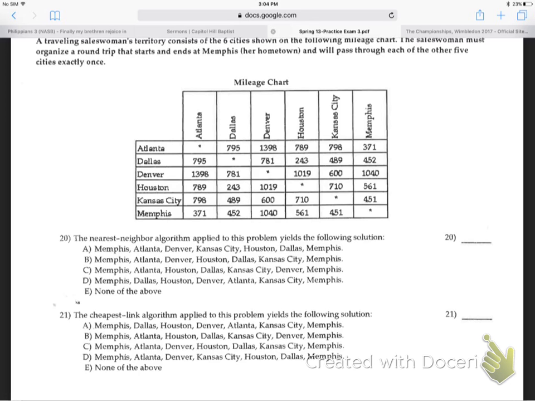Let's try it. So I'm in 21 here. Cheapest link using. So let me let you start, rather than me diving in. Can you do the first step there?